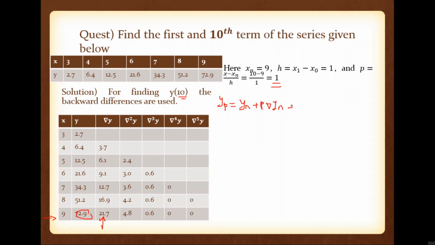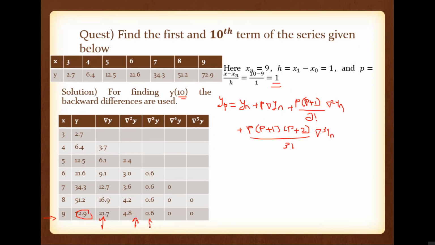Then next one is very important, p into p plus 1 divided by 2 factorial into del square yn, this one, plus p into p plus 1 into p plus 2 divided by 3 factorial into del cube yn, that is this term.